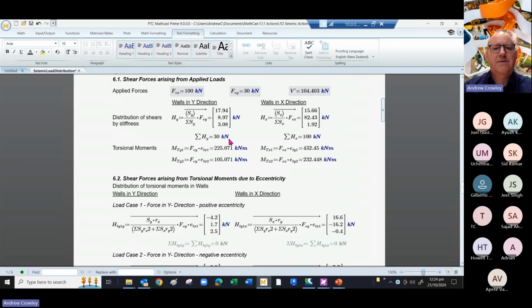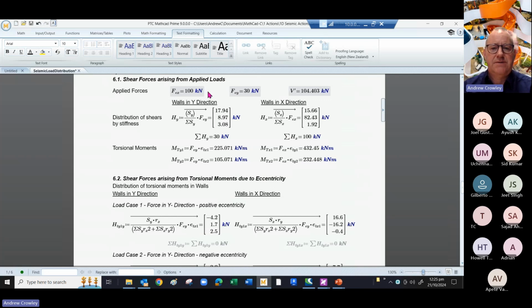And we do a check. Is the total applied shears equal to the applied loads? And here we've got Hy is equal to 30, which is equivalent to the applied load in the y direction. Similarly, in the x direction, the total of the shears is equal to 100, which is the applied load in the x direction.